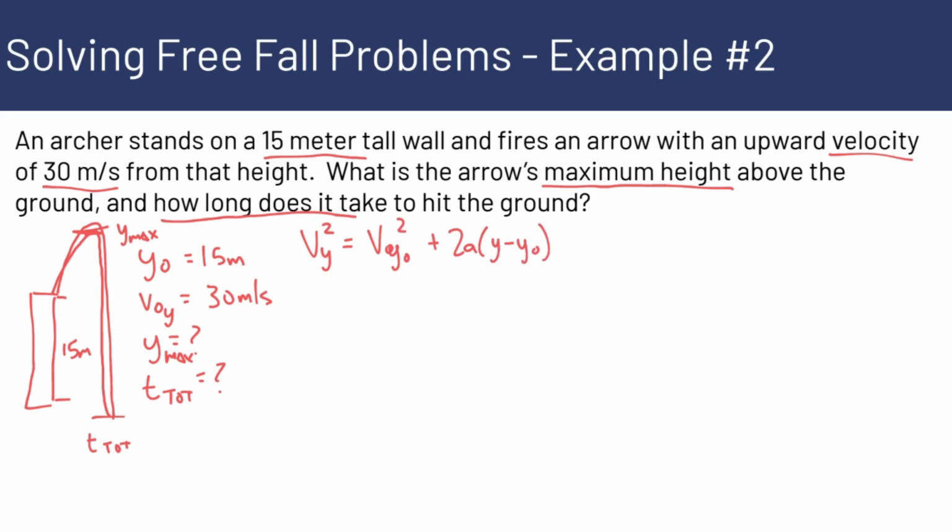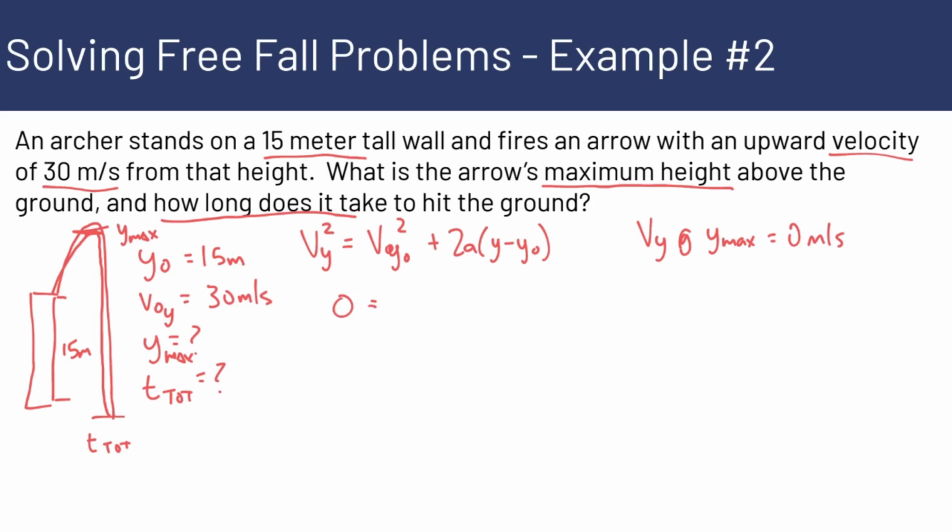So remember that whenever you get to the maximum height, the velocity of y at y max is equal to 0 meters per second. So we can use this information to help us figure out what our maximum height is going to be.